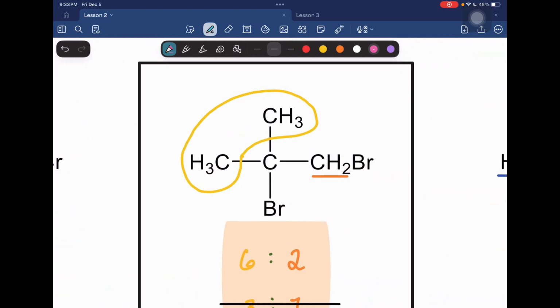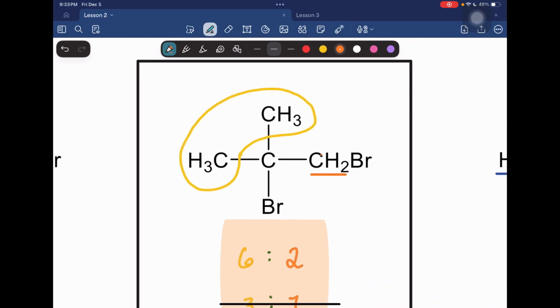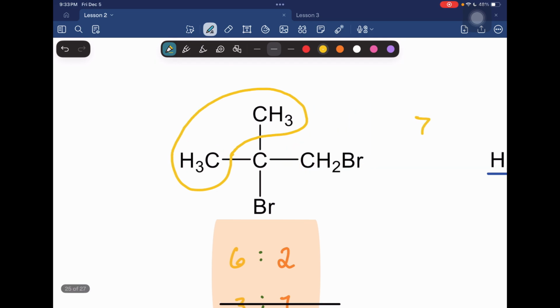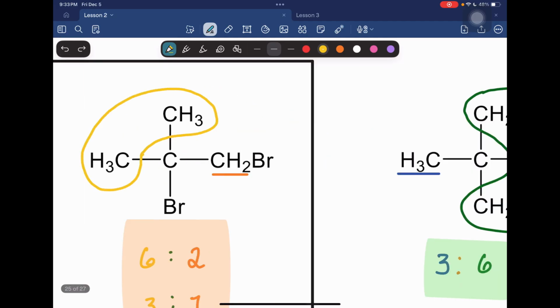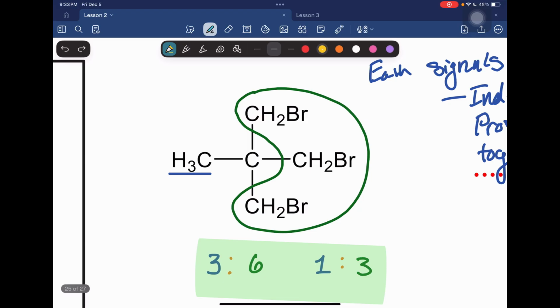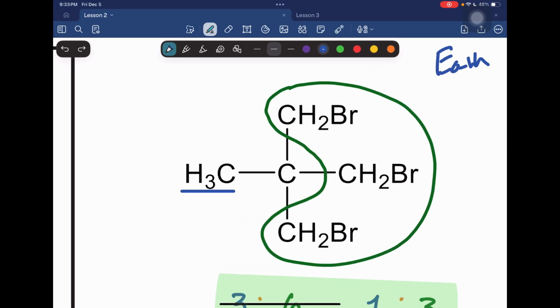And like over here, the signal for this one would be 1 plus 6, because there's 6 yellows, right? And that's going to be a septet. Here, our neighbor for this one, right?